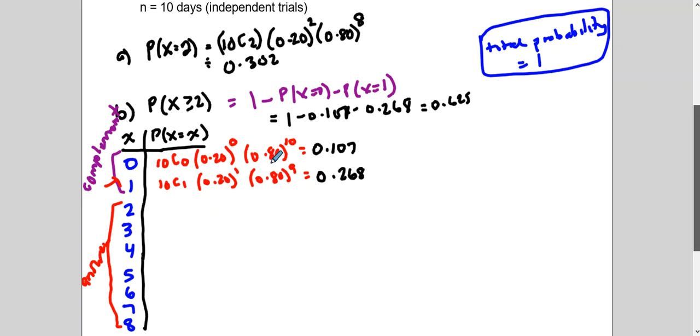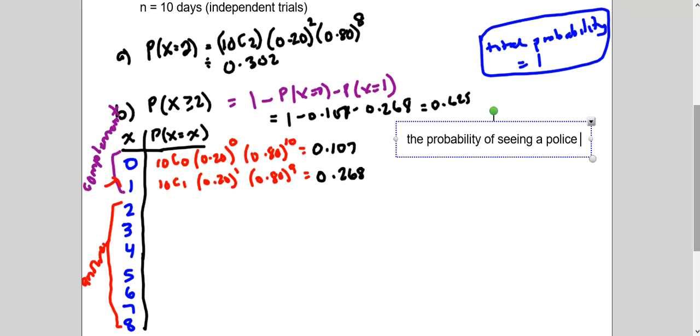So this part was not included, but I wanted to find it because it was a lot easier. All right, there we go.